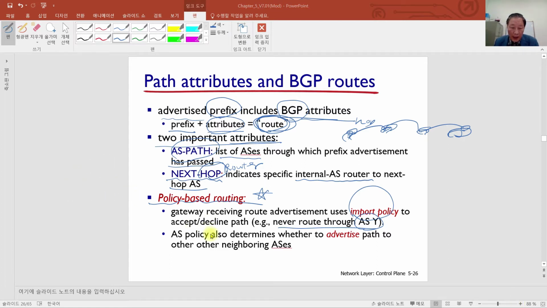Here, AS policy also determines whether to advertise a path to other neighboring autonomous systems. Policy is like this. Think about North Korea and South Korea here.